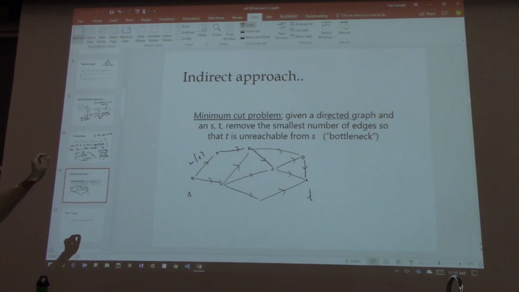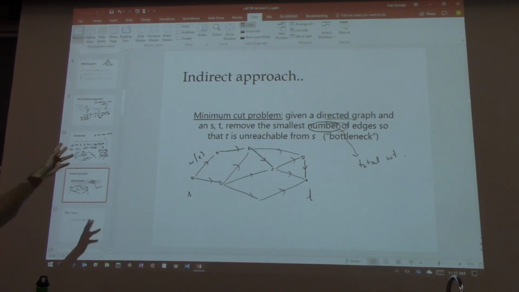You want to delete edges of the smallest total weight. So you want to remove edges of smallest total weight.